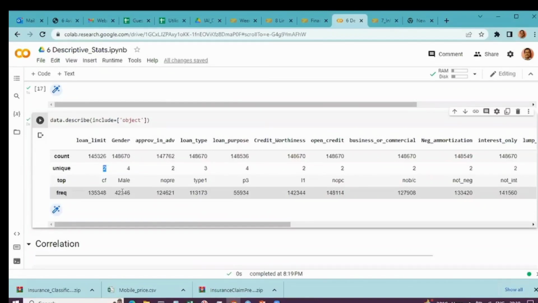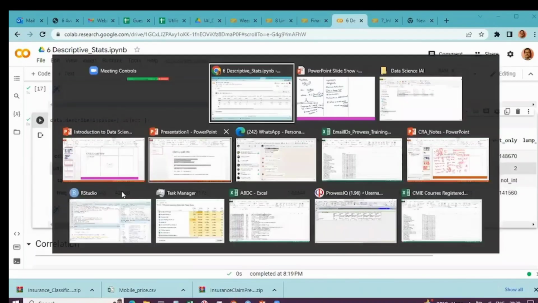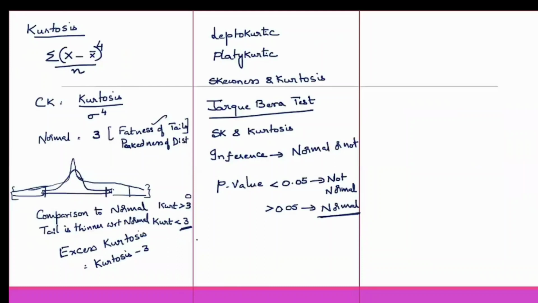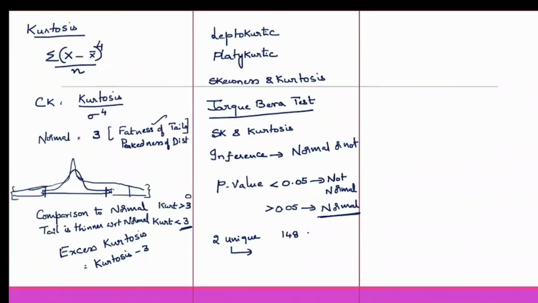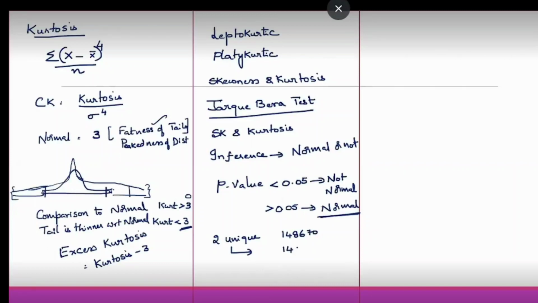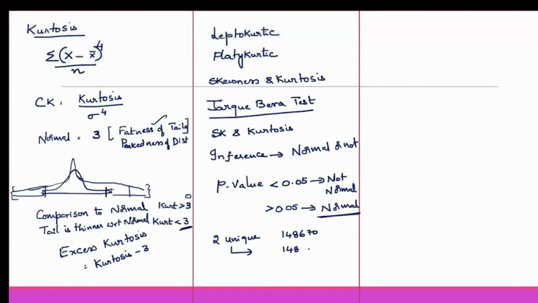But at the same time, though there are two unique values, it might very well be possible that out of, let's say, 1,48,670, possibly 1,48,600 could be of one category and 70 could be of the second category.